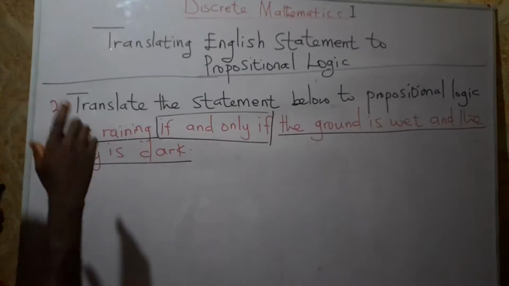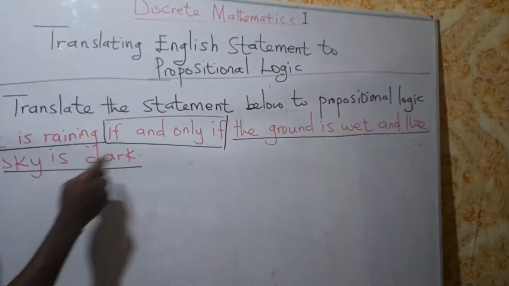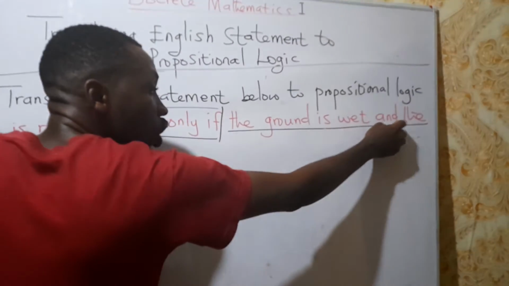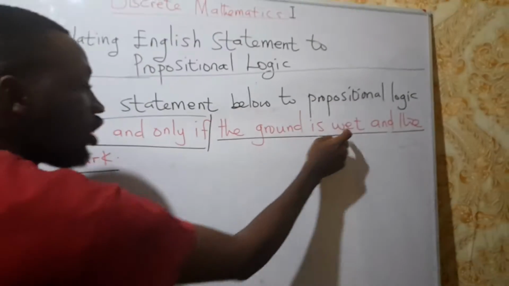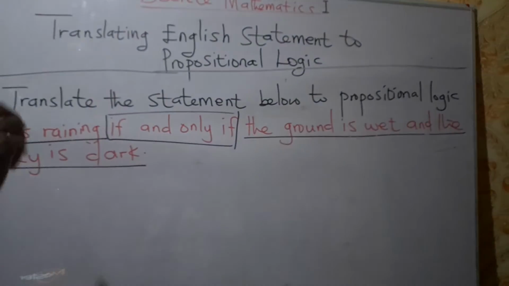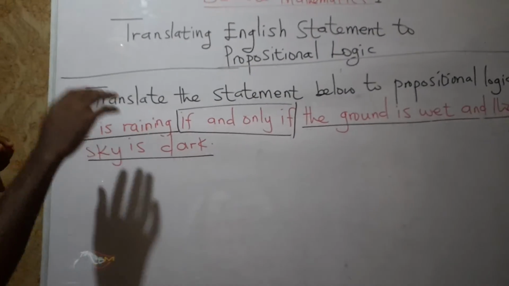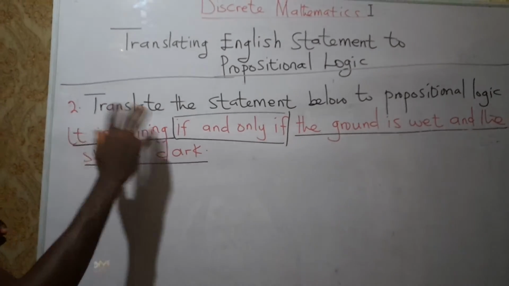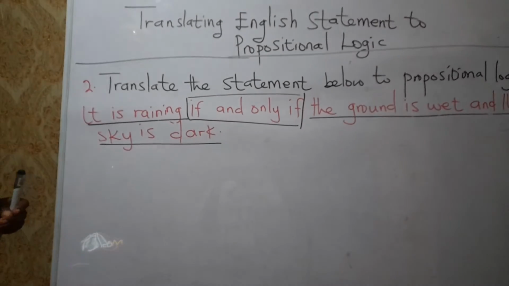So it is raining if and only if the ground is wet and the sky is dark. So look at it. The ground is wet and the sky is dark. There is and there, a conjunction combining the two again. We have two statements there. The ground is wet being one and the sky is dark being another, if you look at it very well. So we have three propositional statements here being combined to form a compound statement.